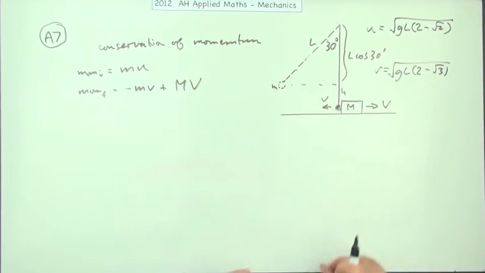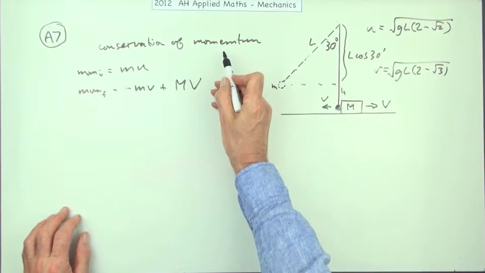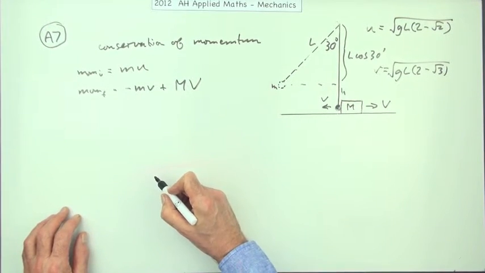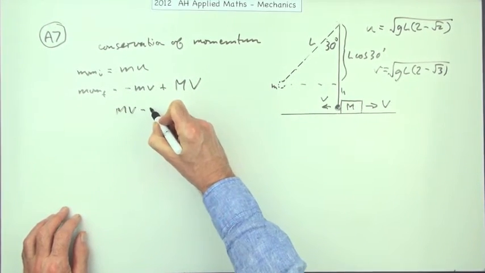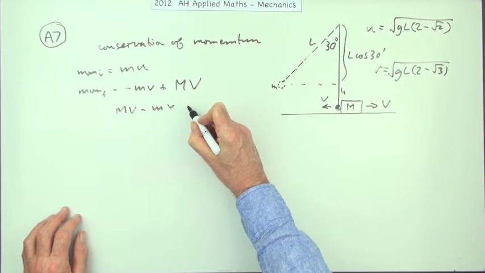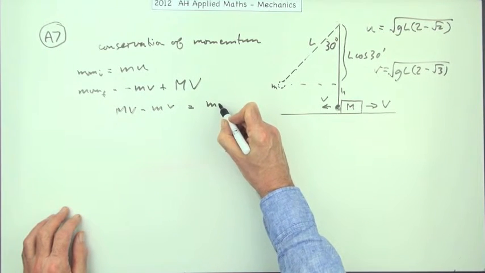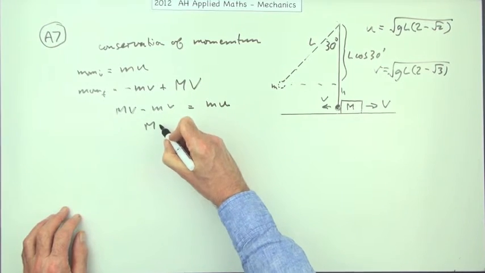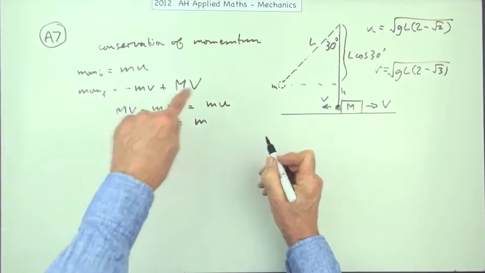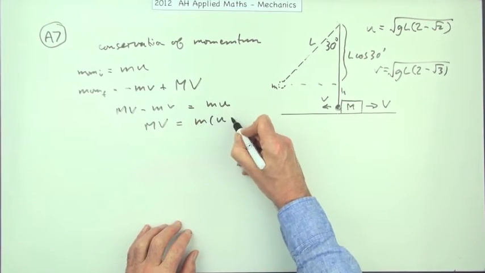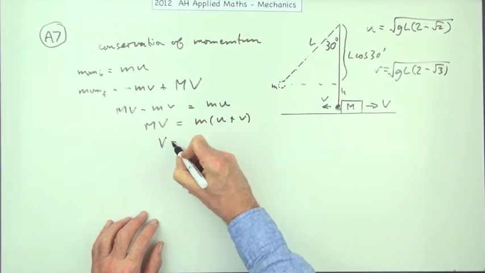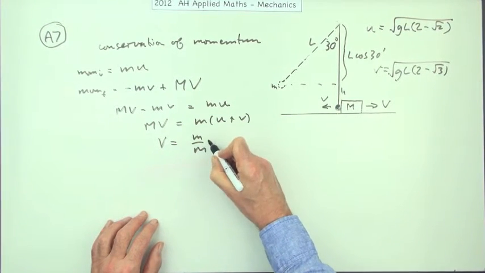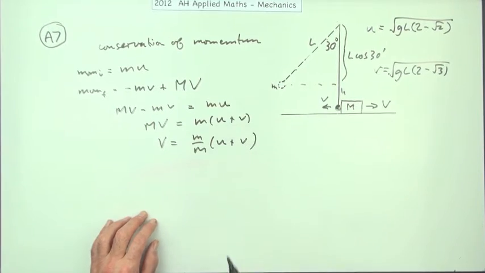Afterwards, they're both moving. So conservation of momentum means those two things must be the same. So MV minus m small v must be the same as small m u. So MV will be m times, taking that across and adding it, u plus v. And finally V would be m over M times u plus v.